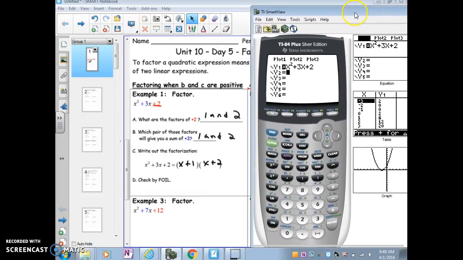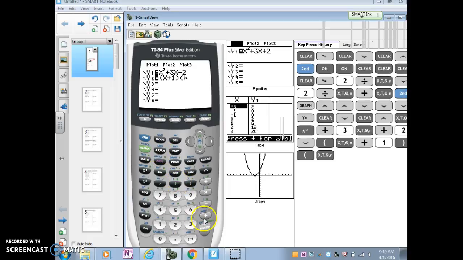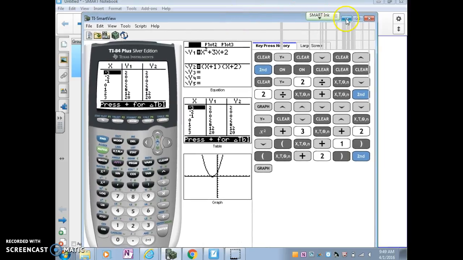So our answer was x plus 1 times x plus 2. Let's see what happens. We're going to put x plus 1 times x plus 2 in there, and then as you remember, we're going to go to the table and make sure that all of the y values match, which they do. So that just shows that we factored it correctly.